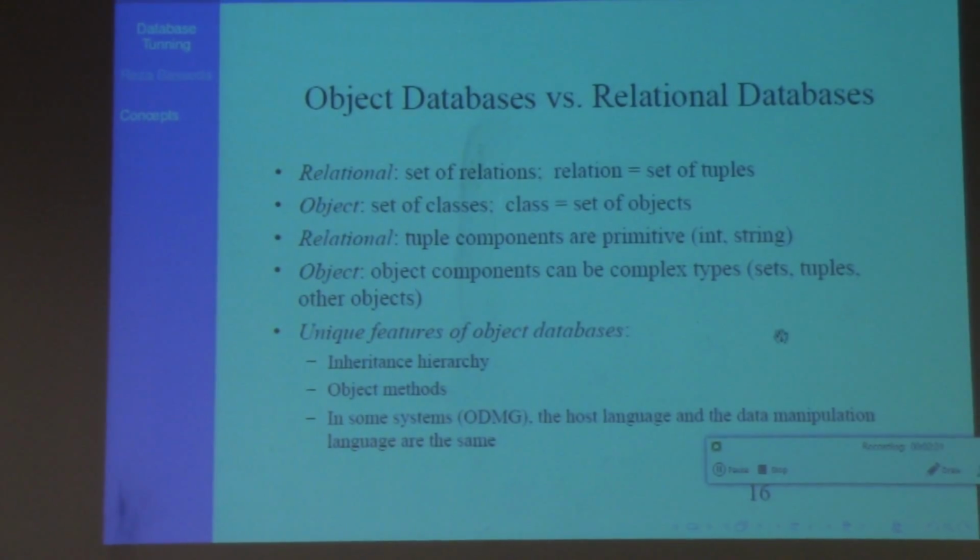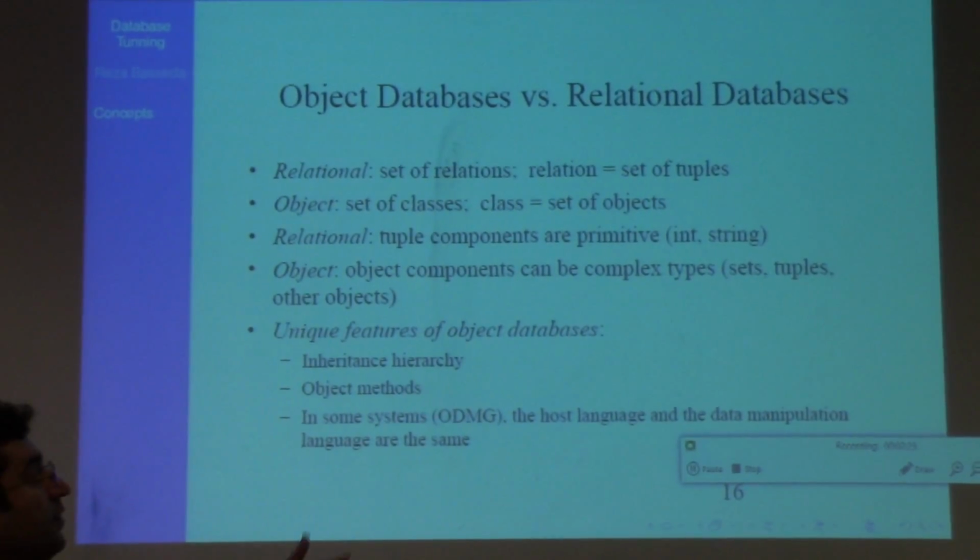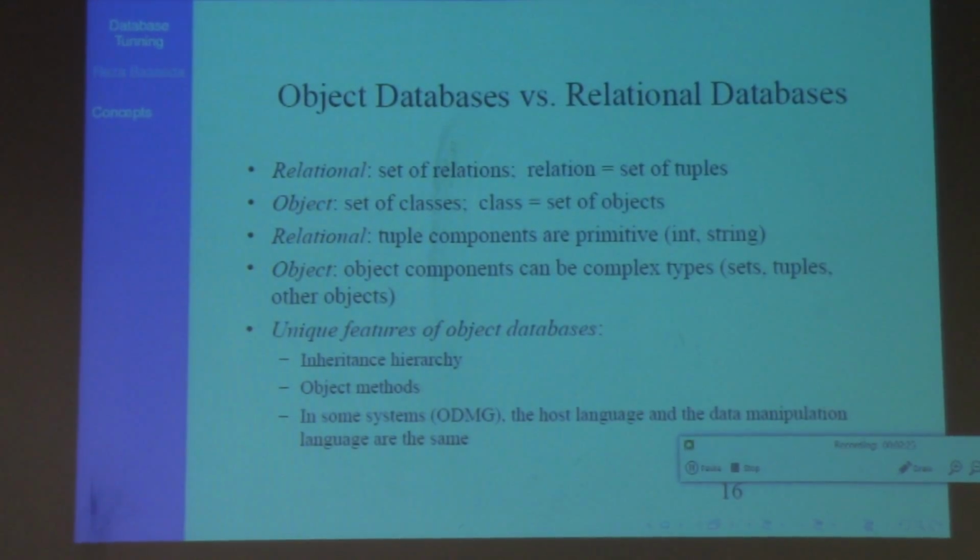So for the object-oriented databases, we need to support inheritance hierarchy, which was not defined in tuples at all, because in tuples we don't have any inheritance. We also need to add methods.